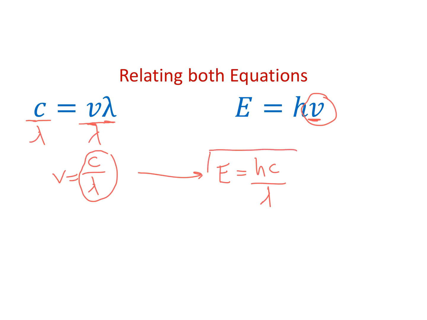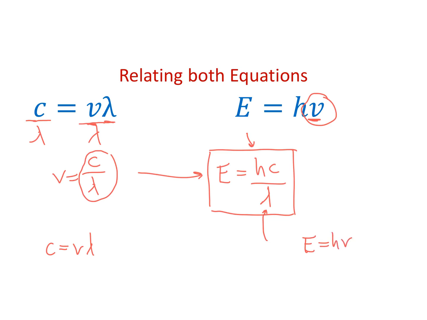This is a helpful equation in that it replaces the need to calculate frequency. With this equation, if we have the wavelength of light, we can directly find the energy associated with that wavelength of light because h, Planck's constant, is a constant, and c, the speed of light, is also a constant. One other important relationship within these two equations is their relationships.